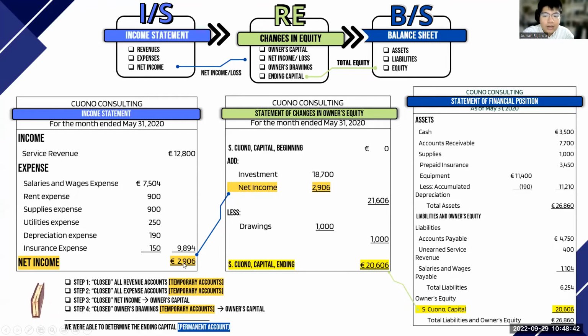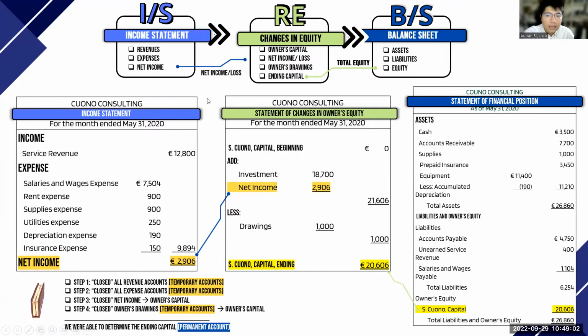And then our net income, we closed it to our owner's capital. And drawings also, we closed it to owner's capital. And then ultimately, we were able to determine the ending capital, which is the permanent account, right?